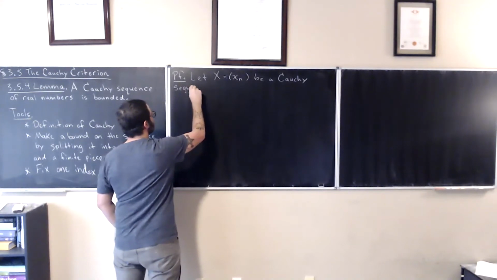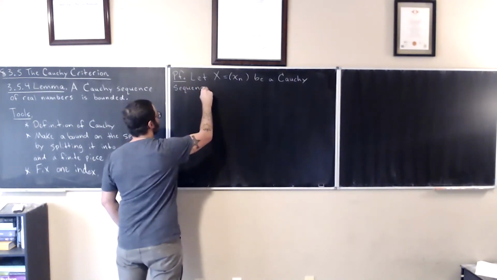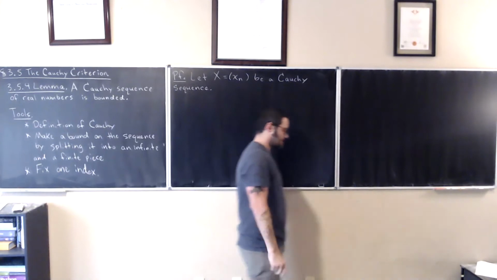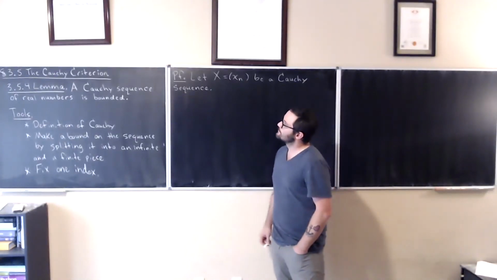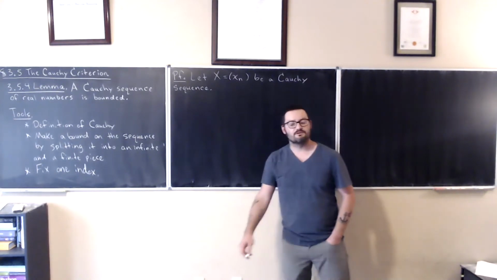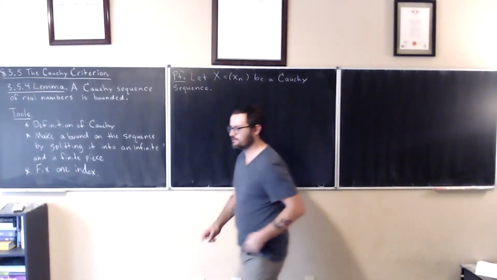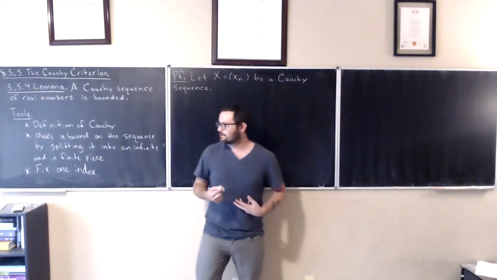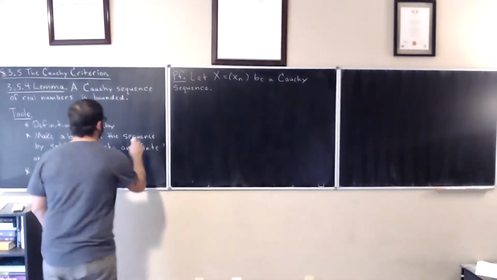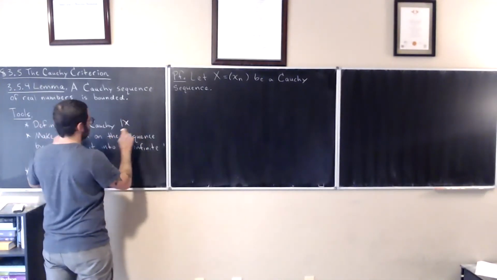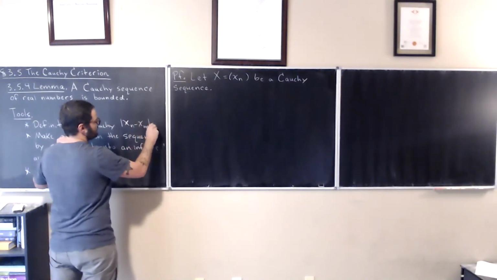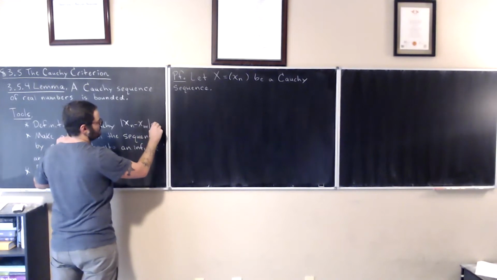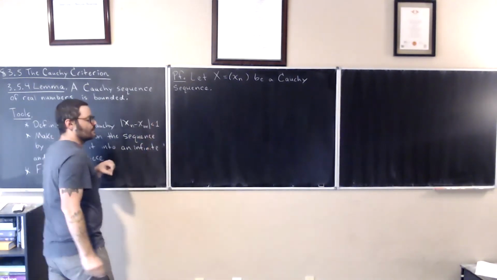Now, if you remember the proof that we gave for showing that convergent sequences are bounded, what did we do? We fixed epsilon. So in particular, when I say use the definition of Cauchy, we can fix epsilon equal to 1.